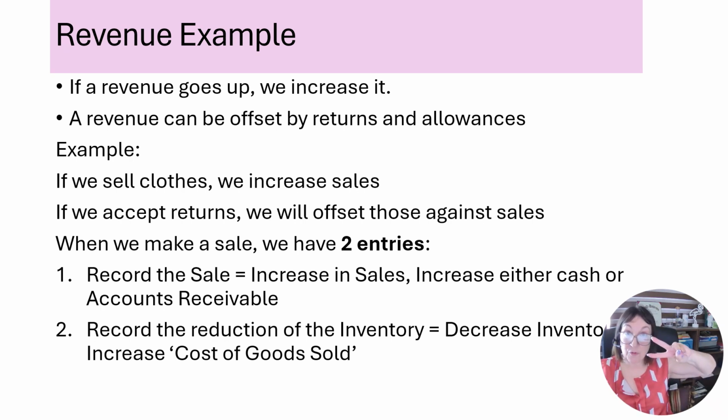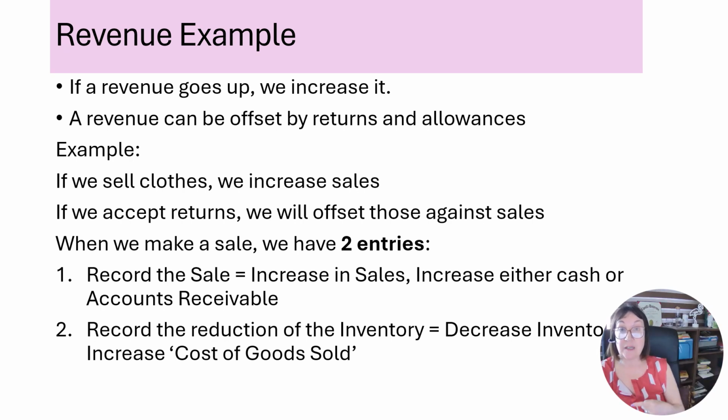Now the second entry we have to do actually records the reduction of the inventory because we sold it, right? So we will decrease the inventory by the cost of the inventory. So if we sold a pair of jeans that cost us $25, but we sold them for $50, in the first entry, we're going to record the sale at $50.